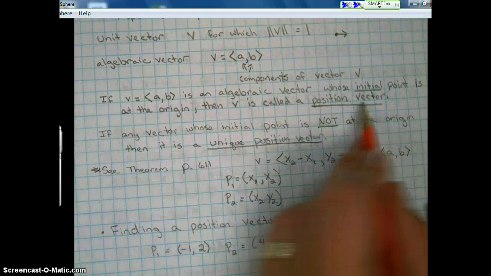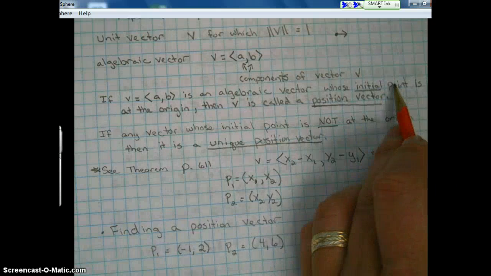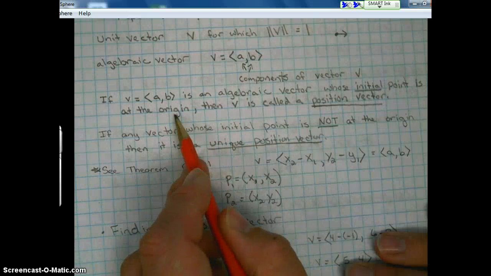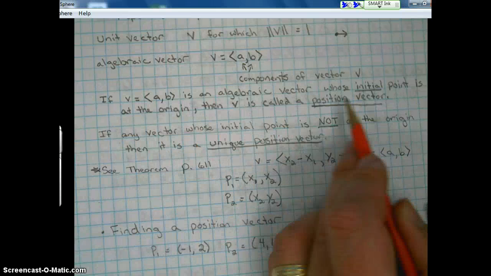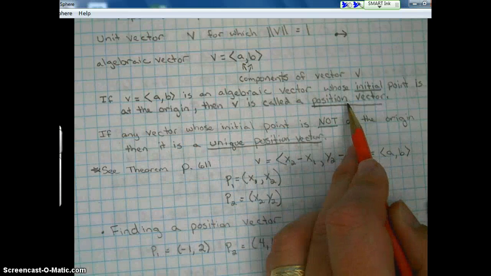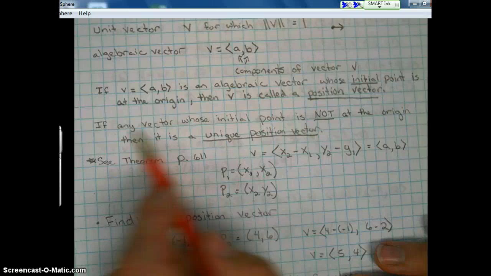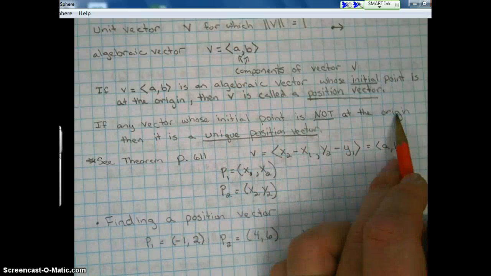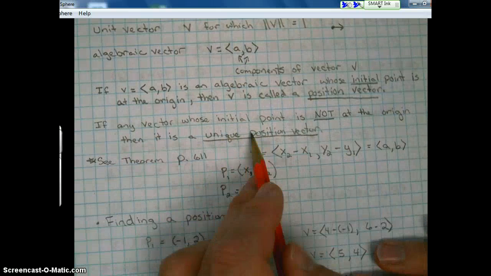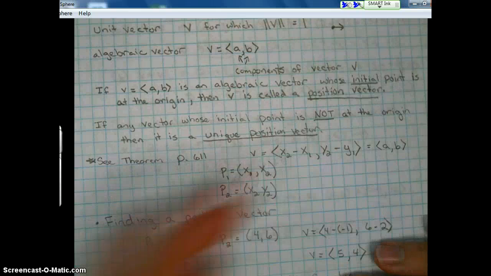The key here is that the initial point is at the origin. If any vector's initial point is not at the origin, then it is not a position vector.